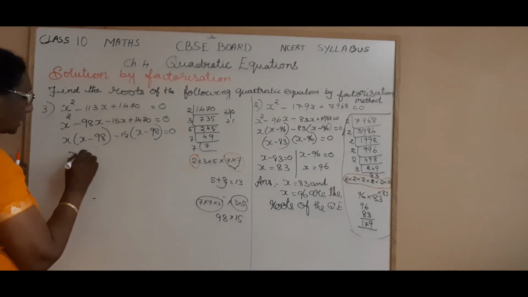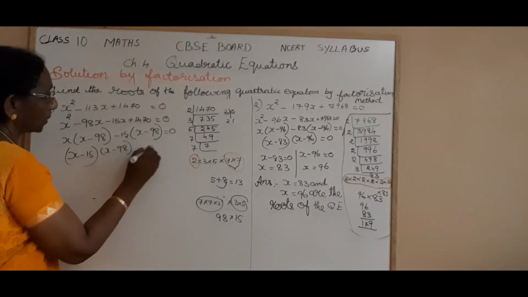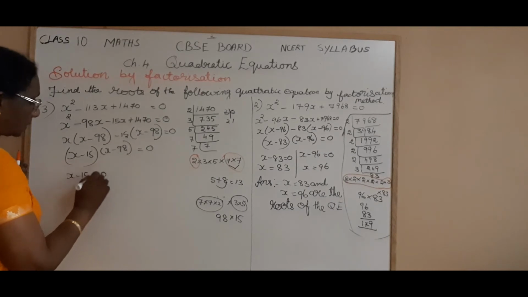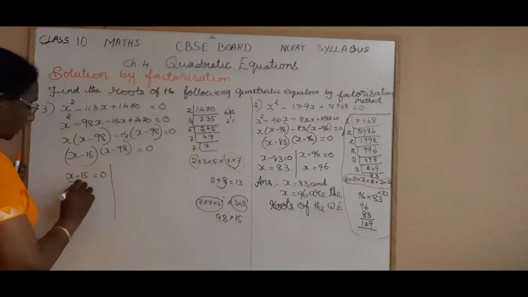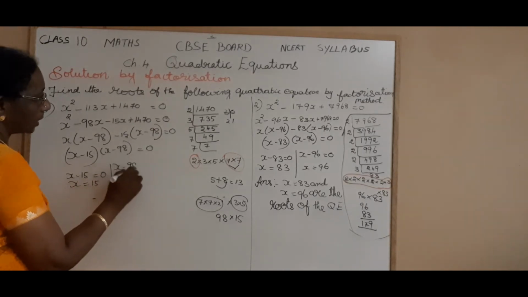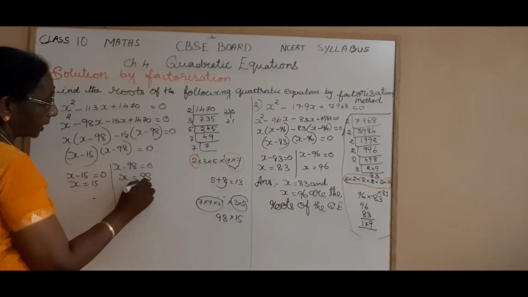So x minus 15 into x minus 98 is equal to 0. So x minus 15 equal to 0 gives x is equal to 15. x minus 98 equal to 0 gives x is equal to 98.